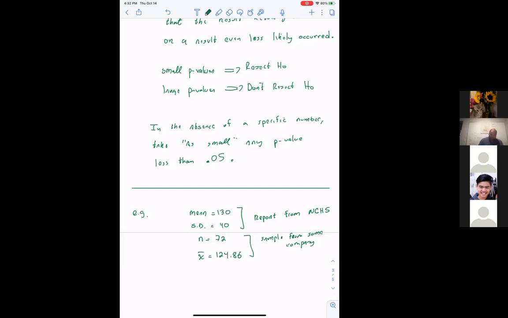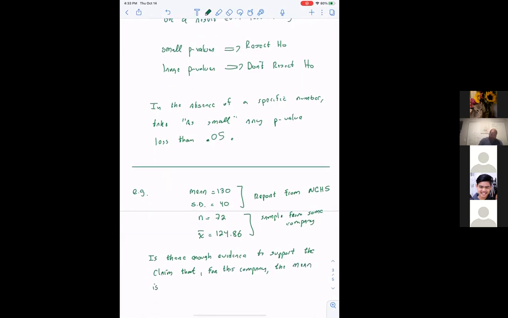And the question is, is there enough evidence to support the claim that for this company, the mean is less than 130.